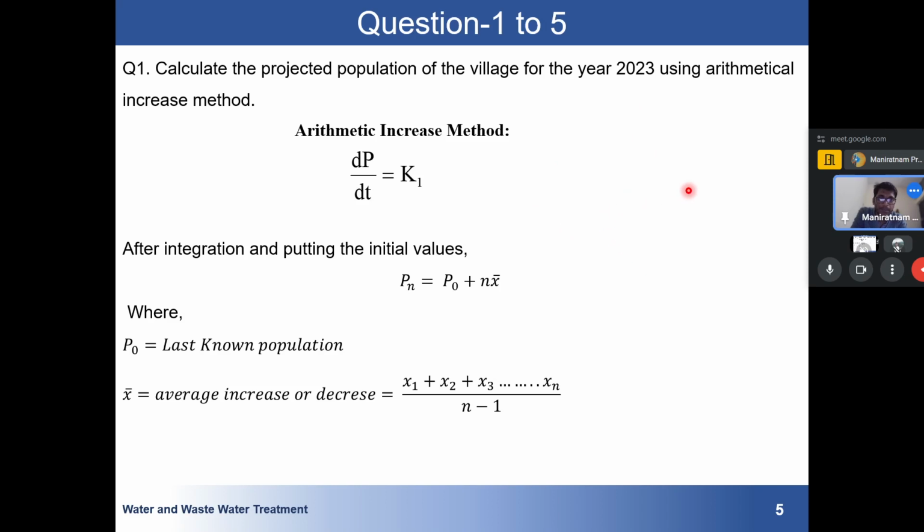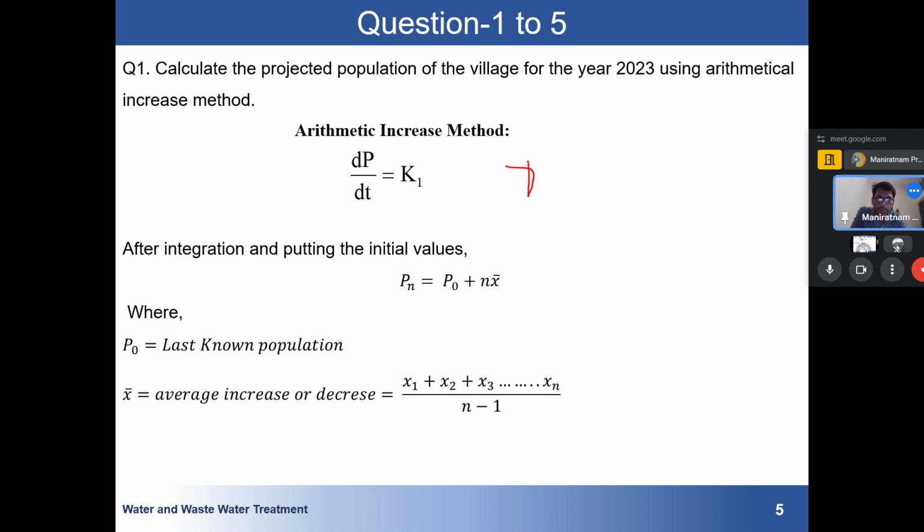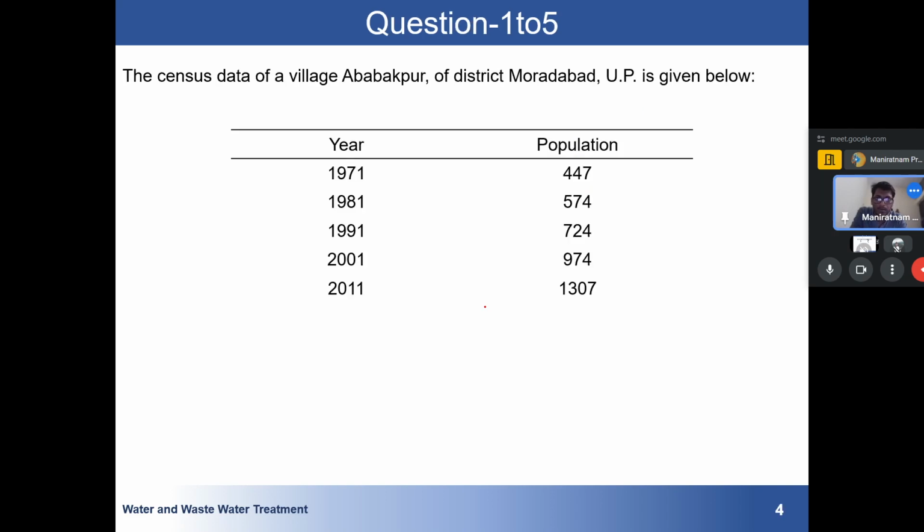So x1 will be P2 minus P1. Okay, so this will be x1. Similarly, suppose I have 5 data points: from here I will get x1, from here x2, from here x3, and from here x4.